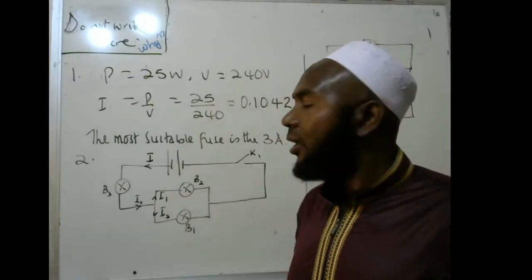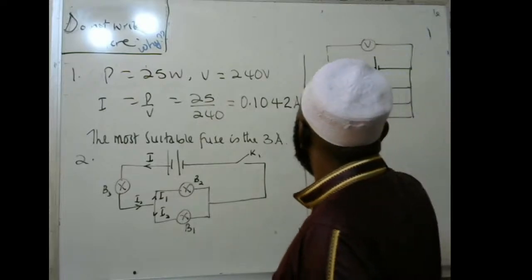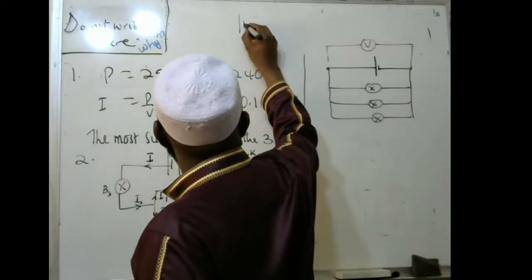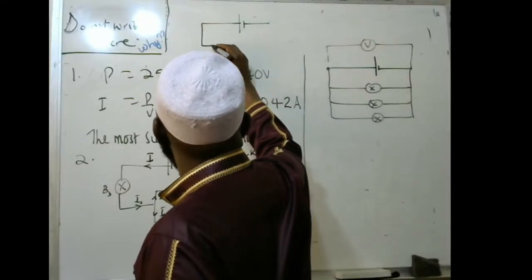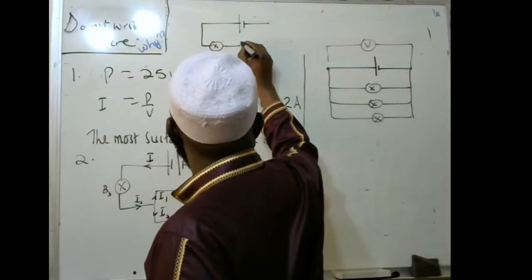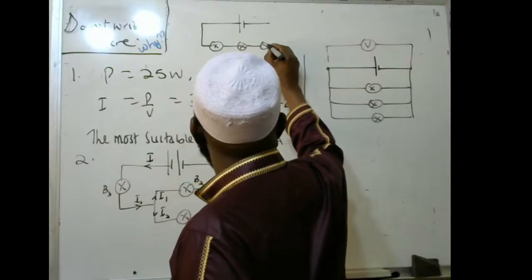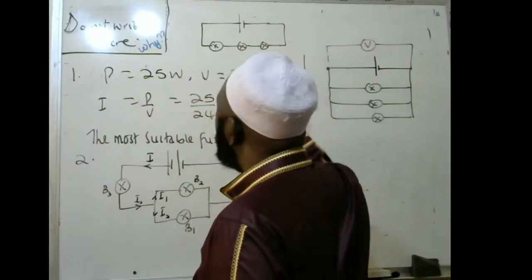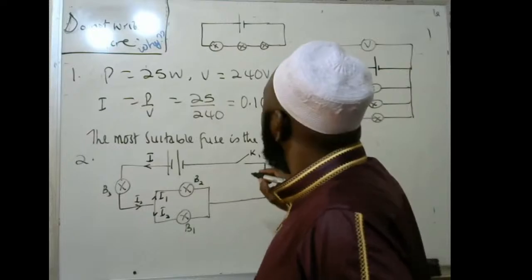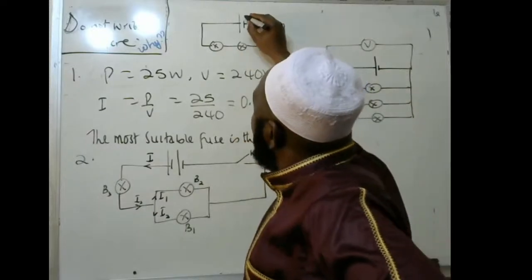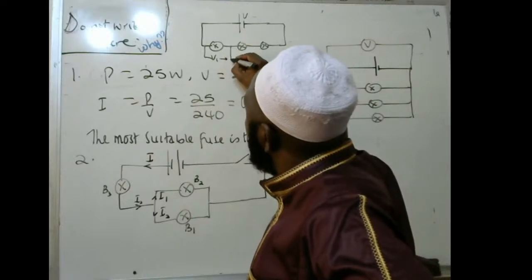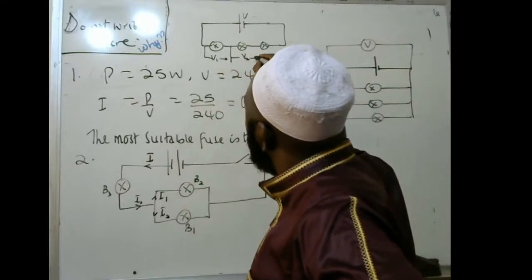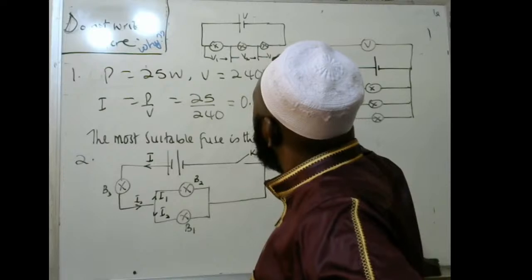I get it. If you connect in series, what will happen if this is the total PD? This one consumes part of the PD, this one consumes part of the PD, and that one consumes part of the PD.